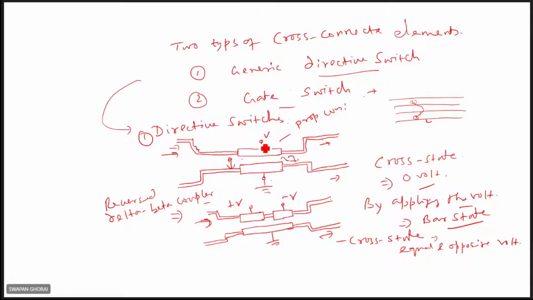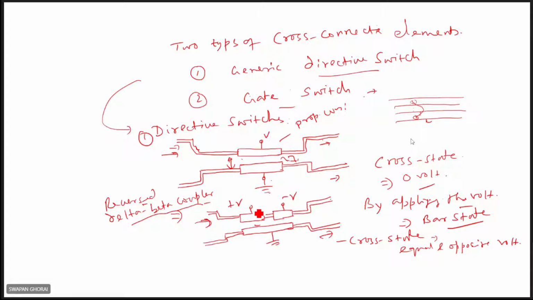To reduce these tolerances and get very good switching, you can use another configuration, the reversed delta beta coupler. The same configuration is here, but the electrode is split into two. You can see one electrode divided into two parts.